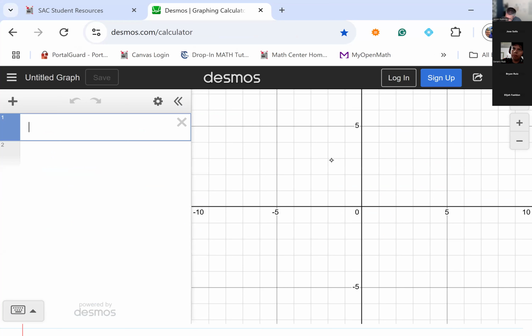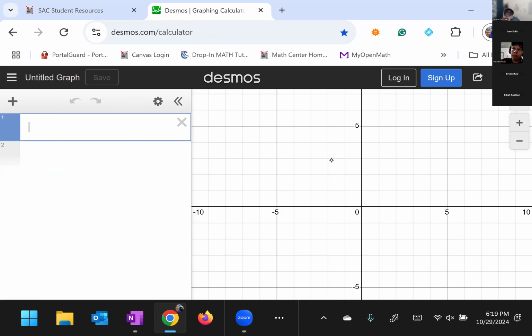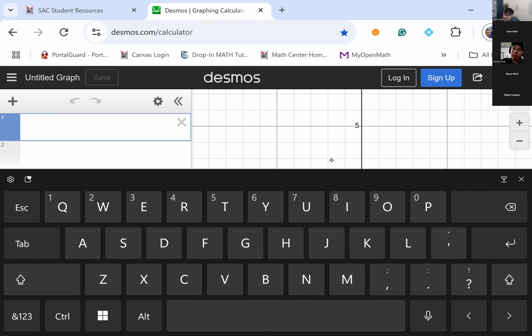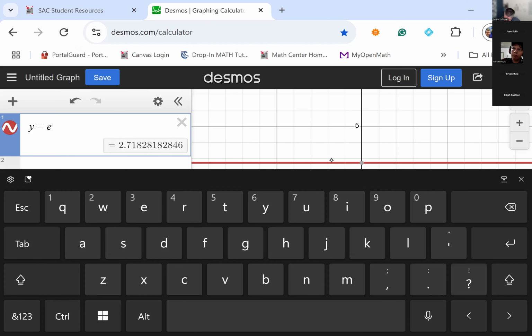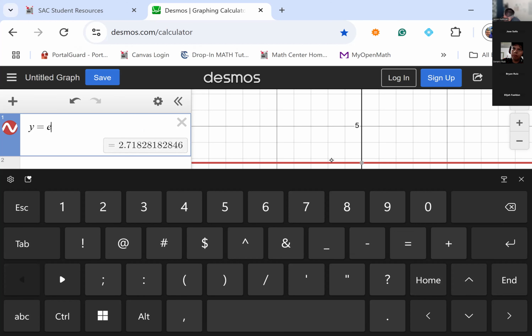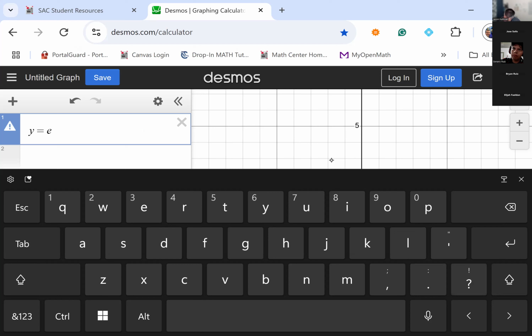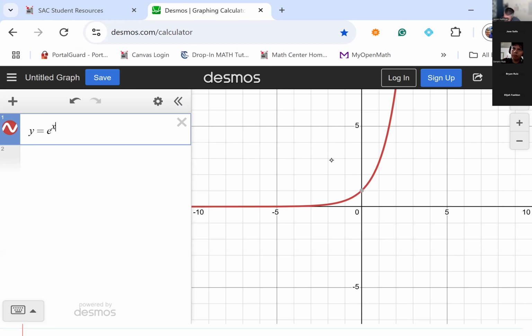So if I plug in y equals, lowercase y equals e to the x power. Let's raise this bad boy to the x power. Boom. Okay, we get this guy here.